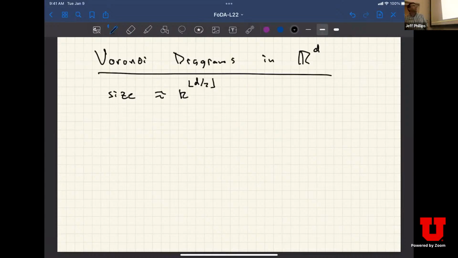That means just to describe it, to write down all the edges and vertices, and their higher dimensional faces and subfaces, grows exponentially in the dimension of the space. So I don't want to build a data structure that grows exponentially in dimension. This is an example of what's called the curse of dimensionality.